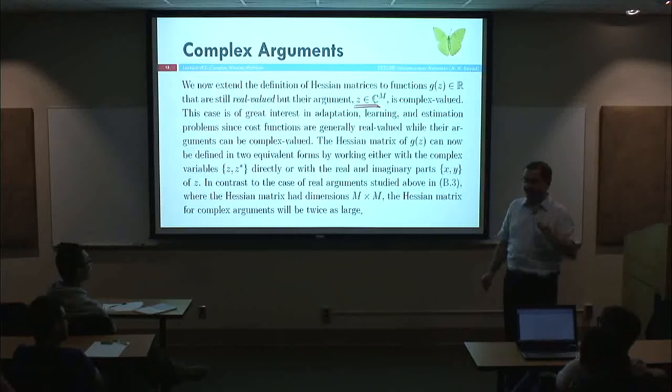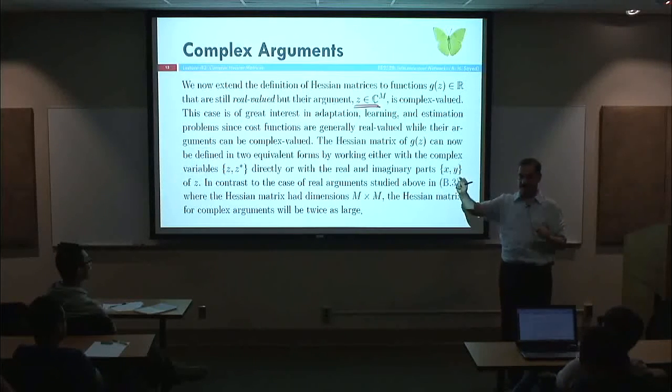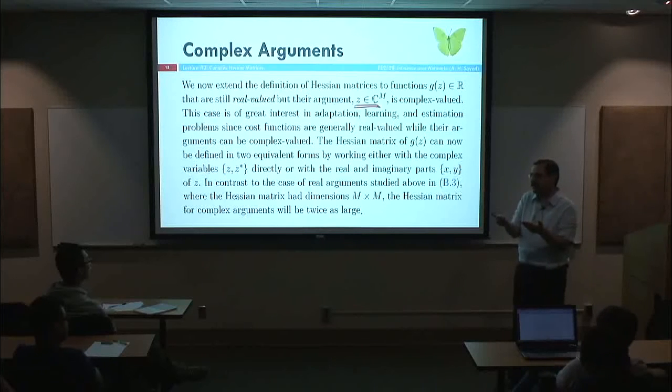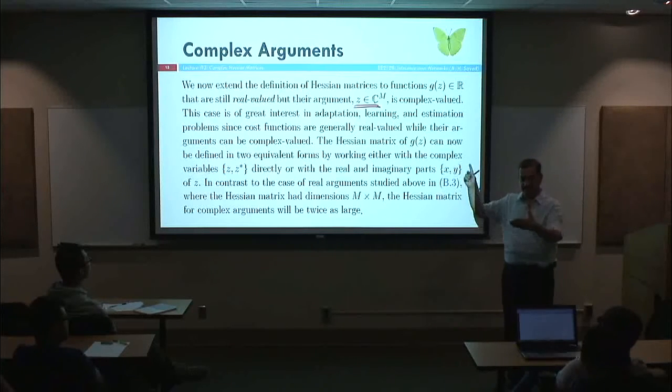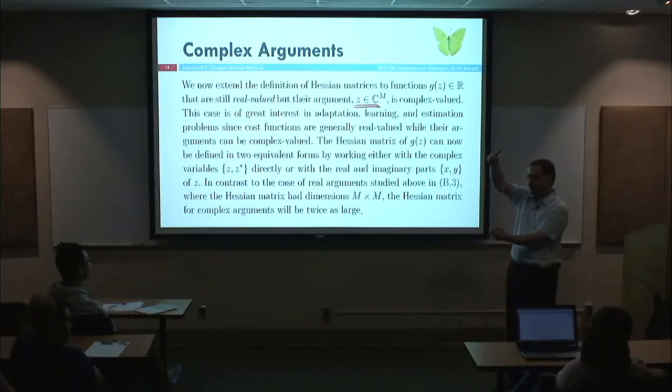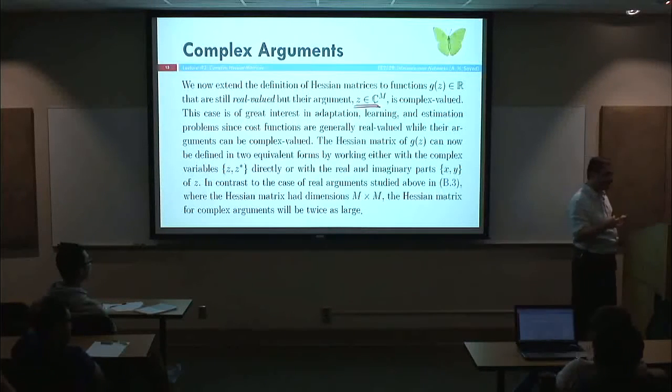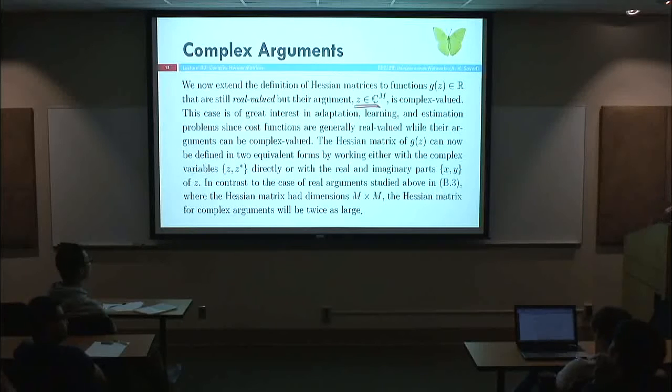M by M. Here, the Hessian matrix will be of size 2M by 2M. And for you to understand why, G of Z in this case is G of XY, right? You replace a complex variable by 2M real variables. So that's one way for you to understand why the Hessian matrix is bigger. It's twice as large in the complex case, okay?